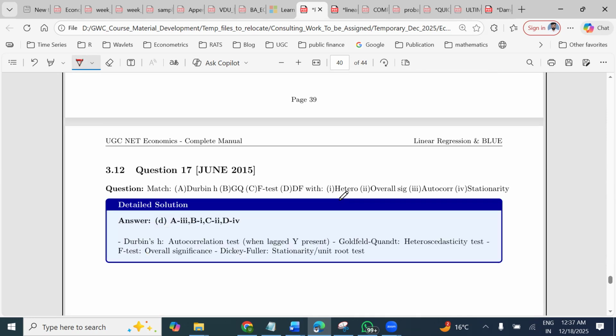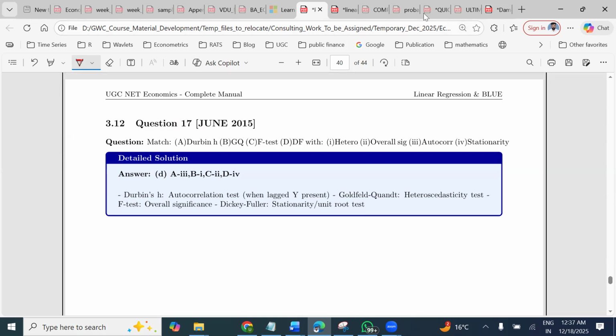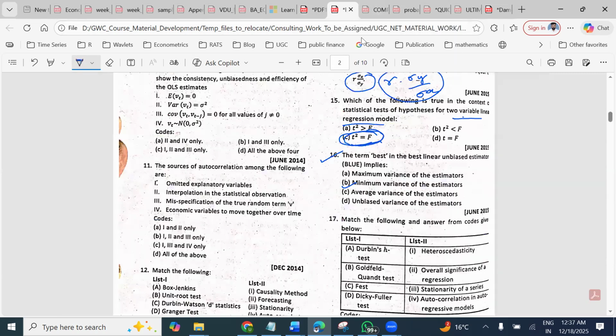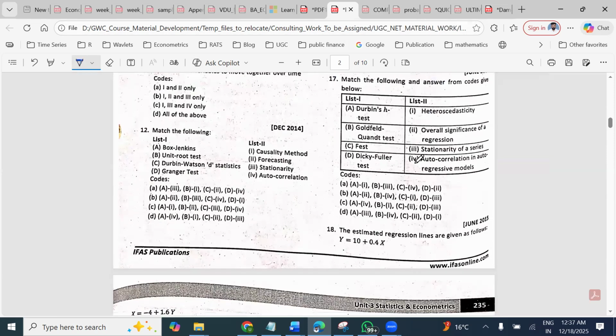Then next, question number 17. Again a matching question. It has the H test, just now I told you. A is autocorrelation.